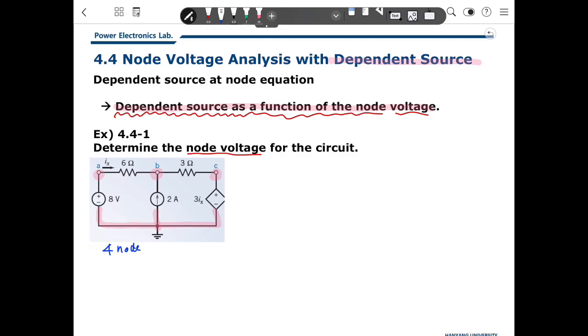I'd like to use one as the reference node. Then we define nodes A, B and C, and the node voltage VA is from here, this is node voltage VB, and this is node voltage VC.